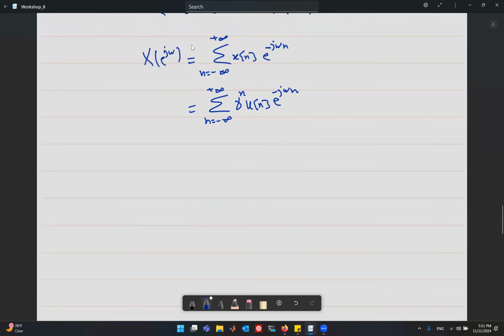Now, because of this unit step function, which is 1 for n greater than or equal to 0, and otherwise it's 0, the summation will become from 0 to infinity.